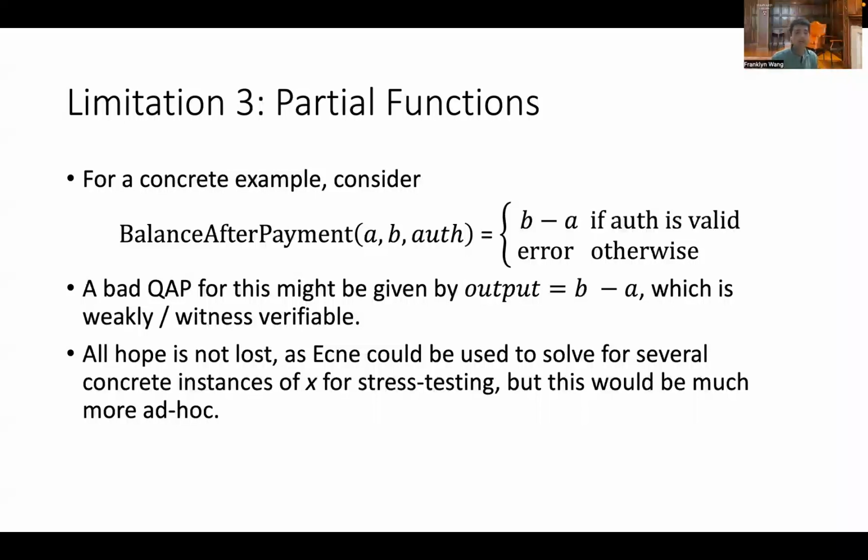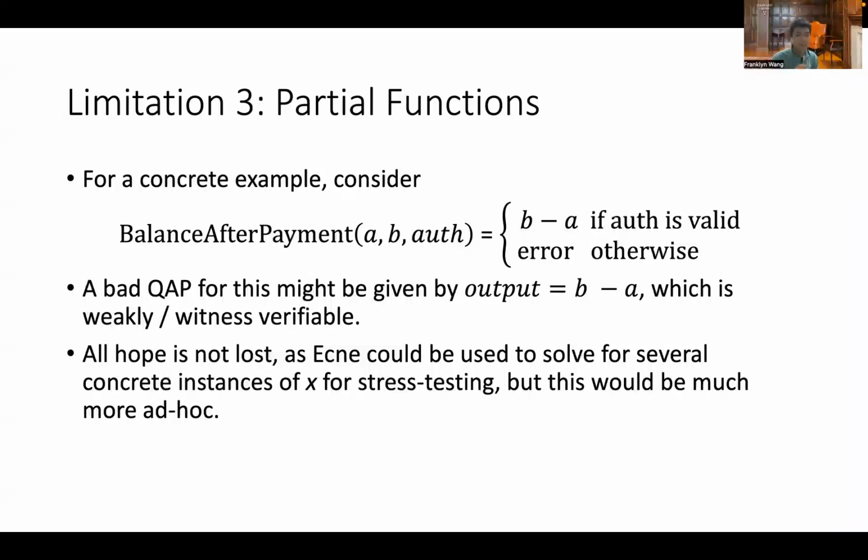Because that's kind of all paying someone is, but this auth is really important. So a bad QAP for this might be given by output equals B minus A. And for this QAP, Ecne would say this is perfect, right? This is weakly verifiable. This is witness verifiable since we literally don't have any other variables. But hopefully it's clear that this would not be equivalent to balance after payment.